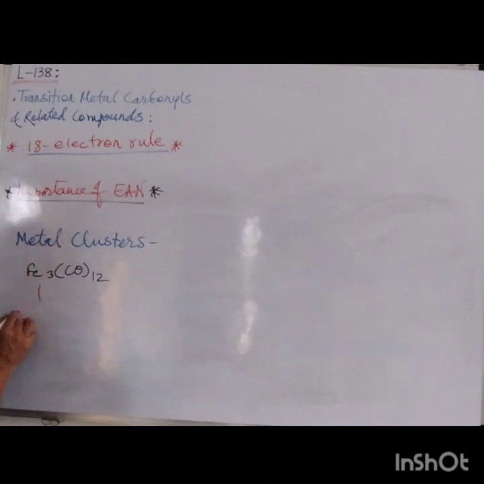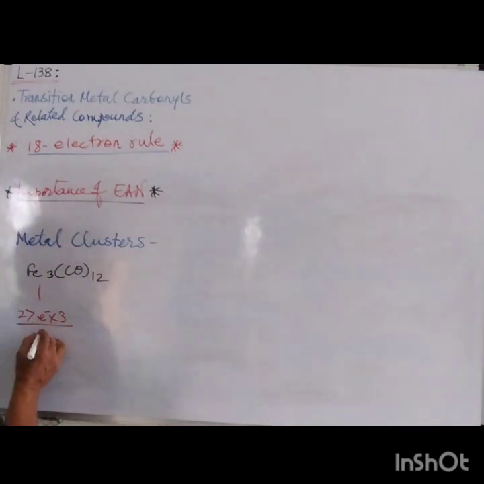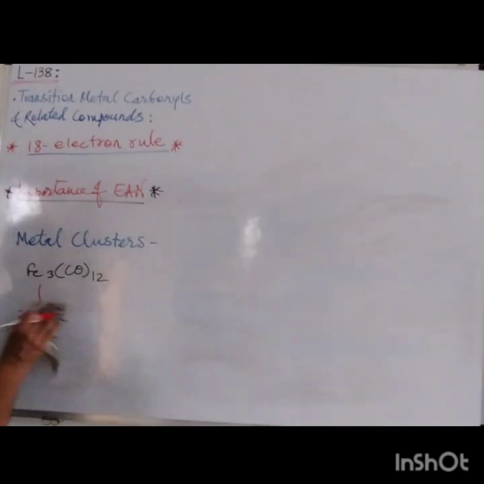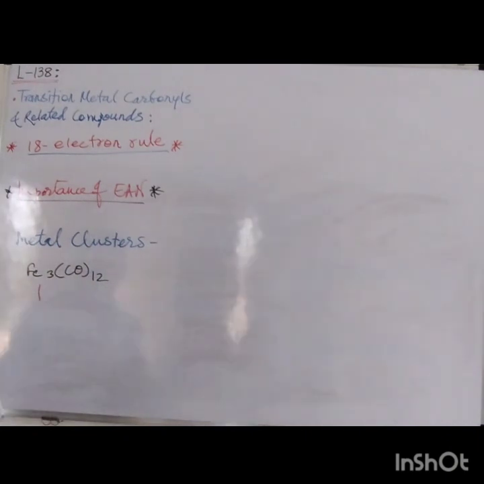Each Fe has 26 electrons. Here we are considering only valence electrons.